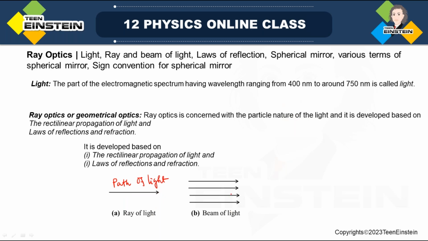And a bundle of rays of light is called a beam. A bundle of such rays is called a beam of light. So ray of light and beam of light we have learned.